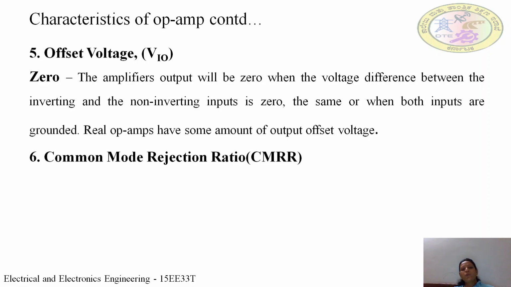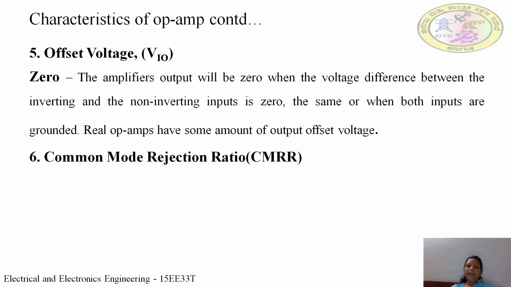What is this common mode rejection ratio? As we have already discussed in the earlier session, operational amplifiers would amplify the differential voltage applied at the two inputs of the operational amplifier, and it would reject any common signal. So the operational amplifier rejects the common signal, and only the differential voltage is amplified.